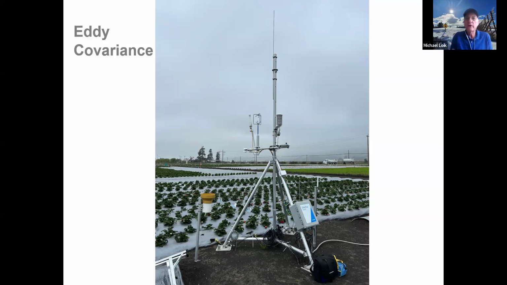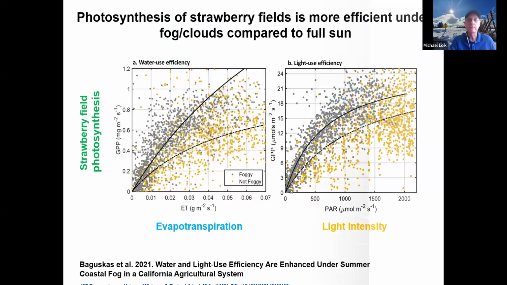And so we've set these up in a couple different locations, but one of the interesting patterns that Sarah found in her postdoctoral work is shown here. We have two graphs. I'm going to point you to the one on the right to begin with. And this graph is somewhat like that light response we looked at for the sun and shade leaf a moment ago. Instead of sun and shade, we have gray dots and yellow dots, and those are fog and sun.